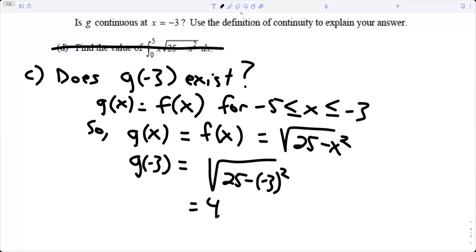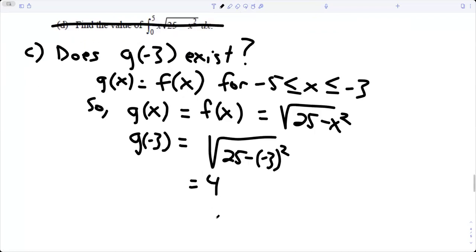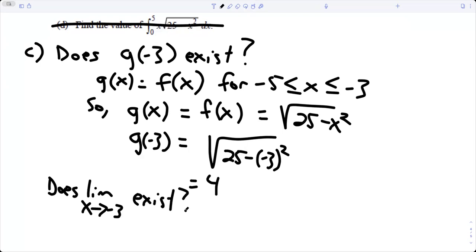Okay. And so the second part of the continuity test, we need to check, does the limit as x approaches -3 exist? The limit as x approaches -3 of G of x, and I'm approaching it on the left-hand side. I need to write down that little negative there.